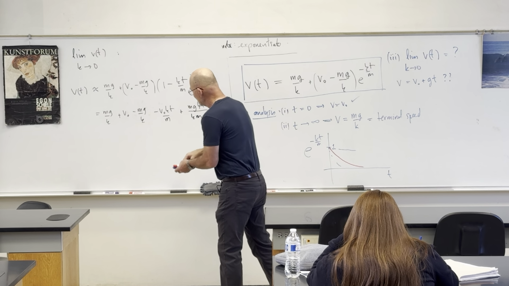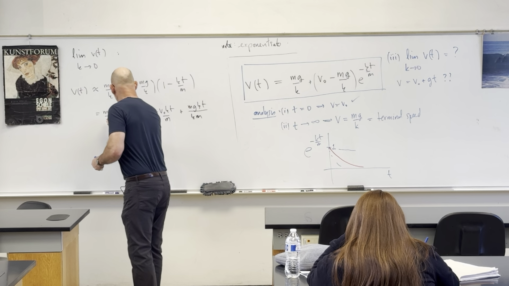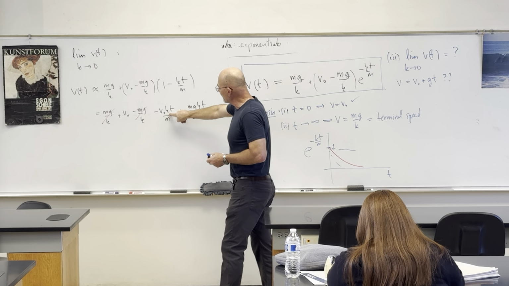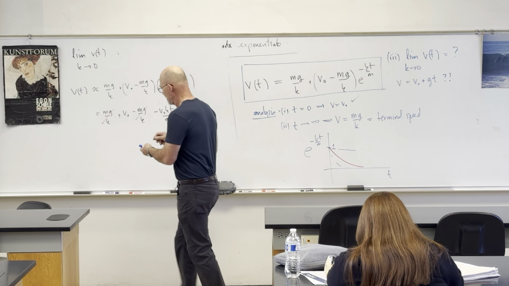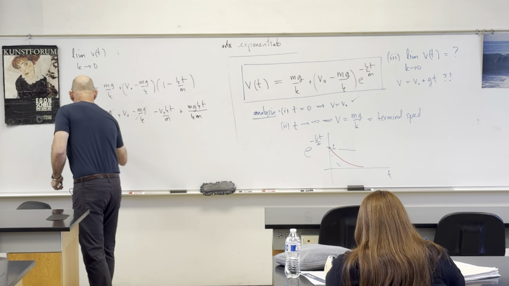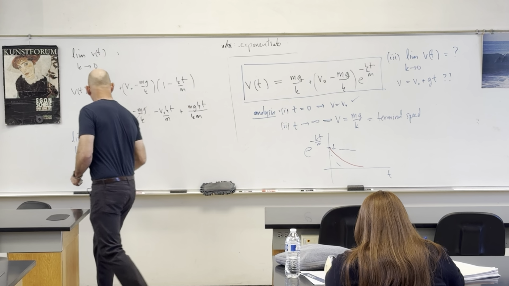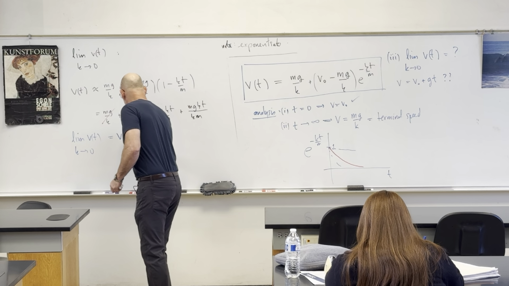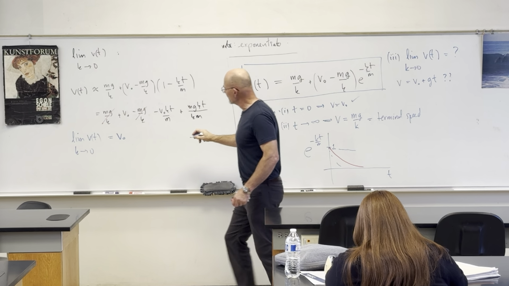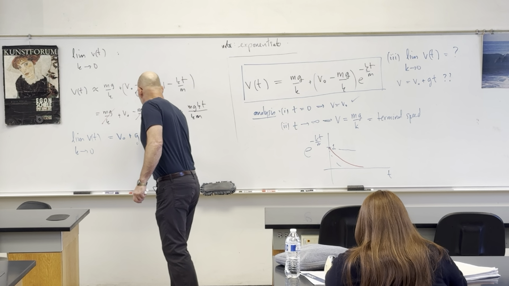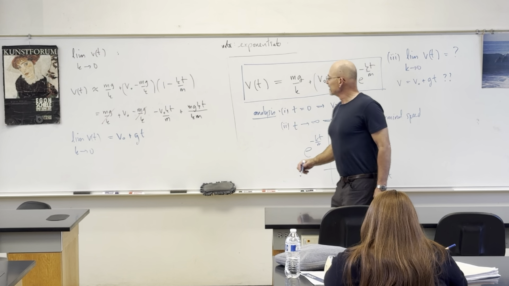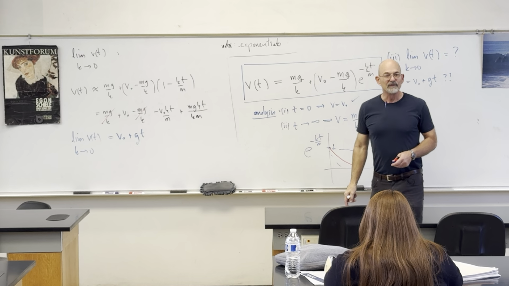And here's what happened. These two drop out. As k goes to 0, this one goes away. And the limit of v of t as k goes to 0 indeed turns into v naught, and here you see the k cancels and m cancels, plus gt. So again, we're satisfied that this complicated looking result actually is just free fall.